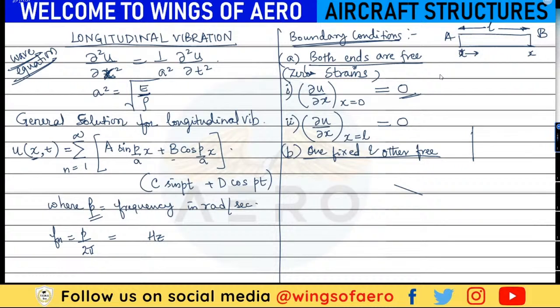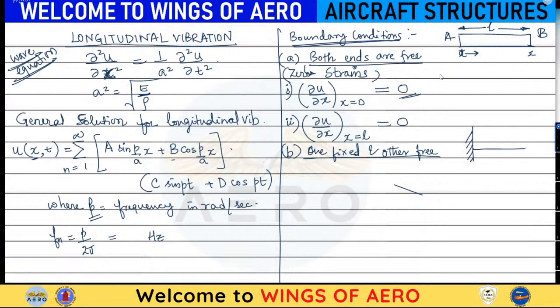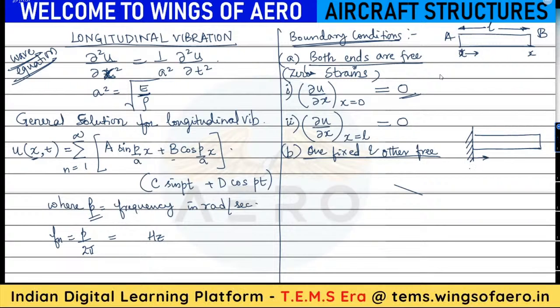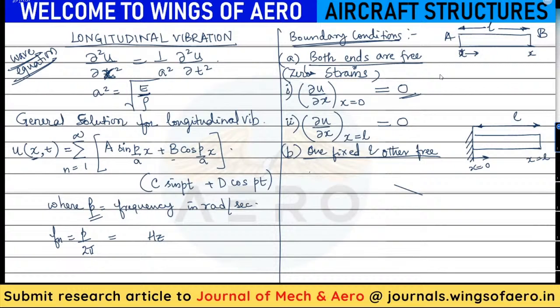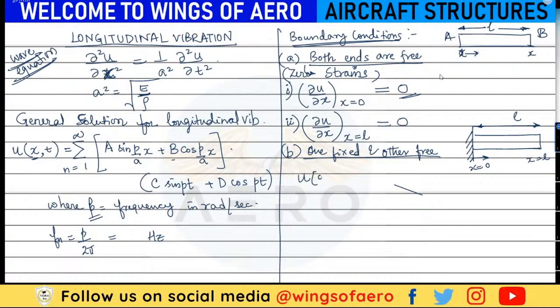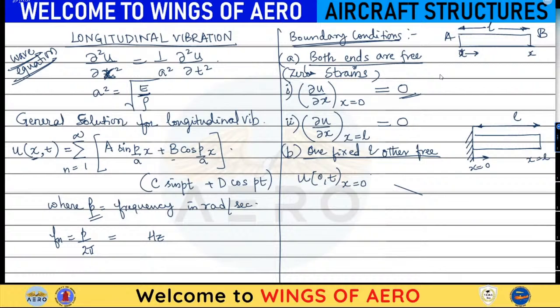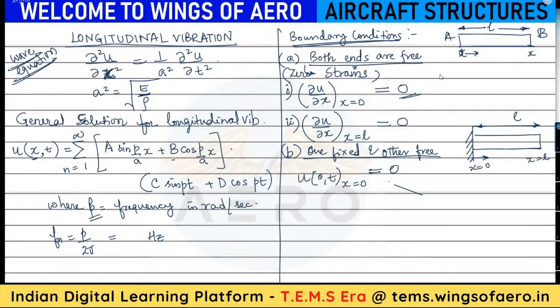Let's assume you're starting from this end, so here x is 0, and here x is L when you reach the other end. In this condition, you can write u(0, t), that means x becomes 0, t as usual, will also be equal to 0.